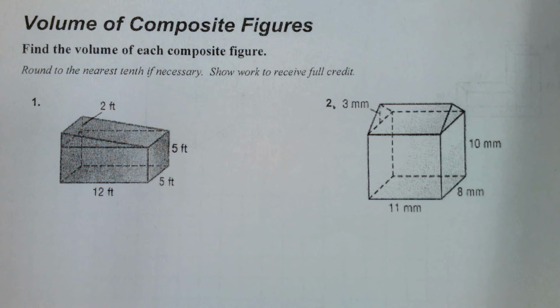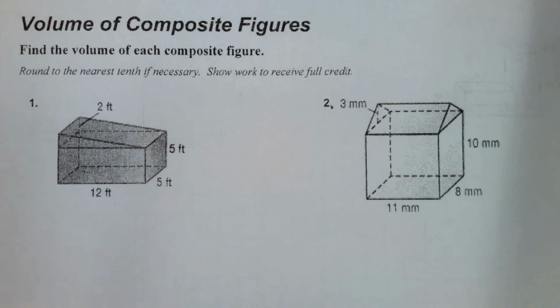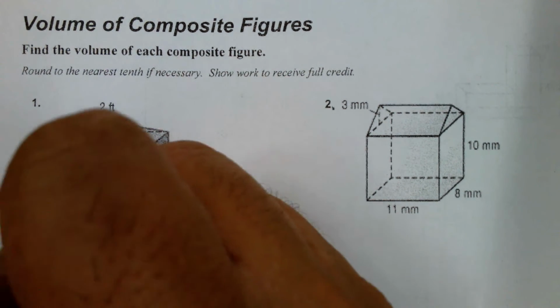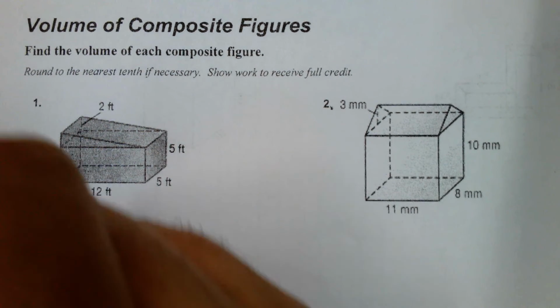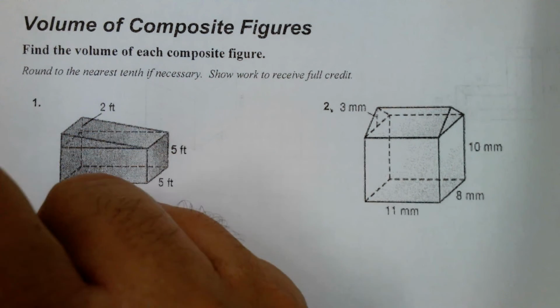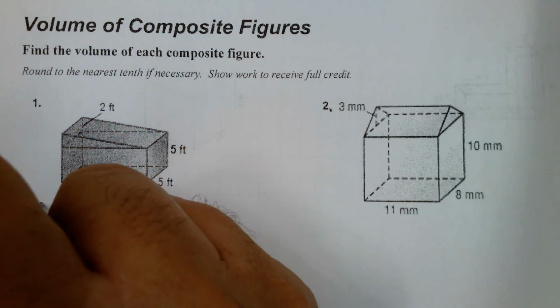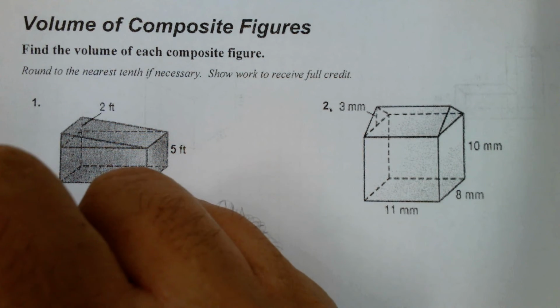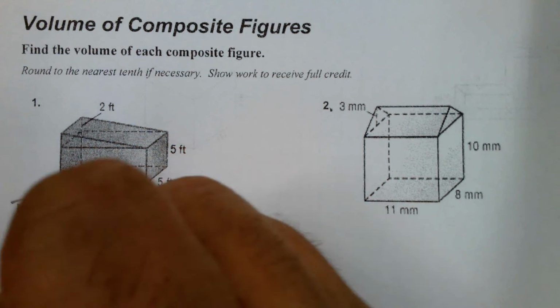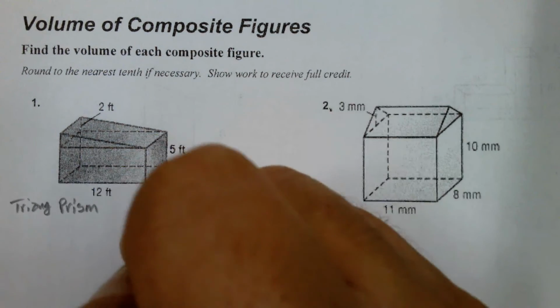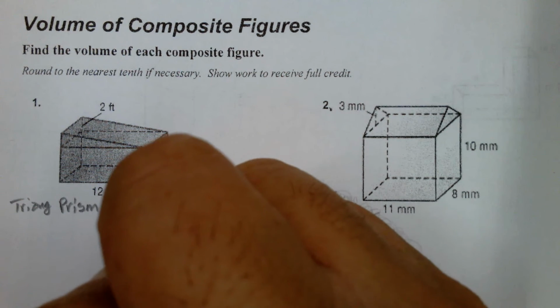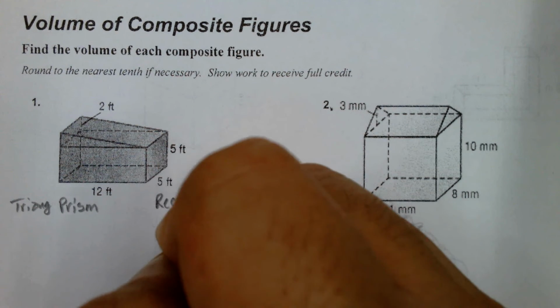Okay, so this is the assignment, volume of composite figures, and we're going to work on a few of these together. So it's the same process. We're going to break this up into our two shapes. We have a triangular prism and a rectangular prism at the bottom.